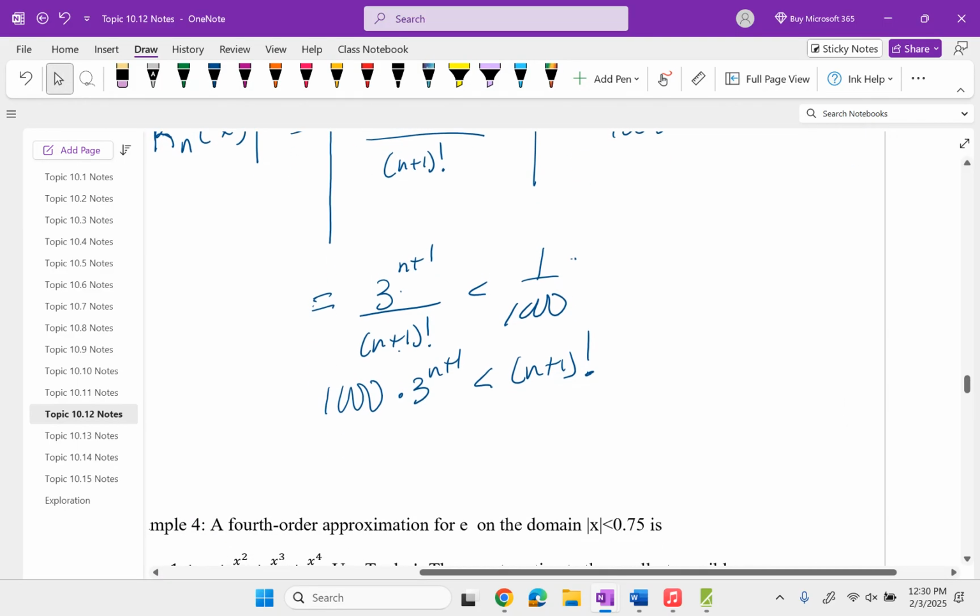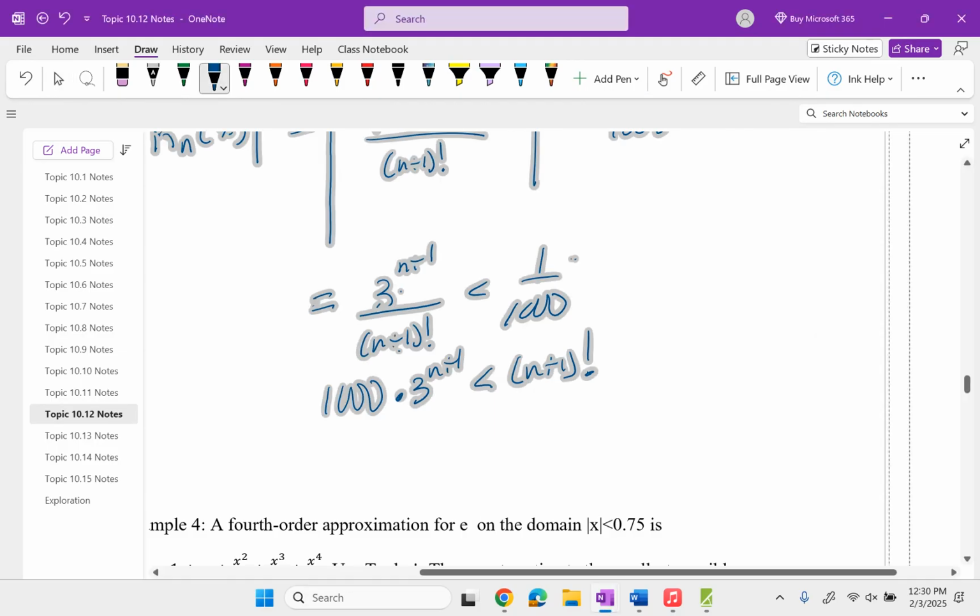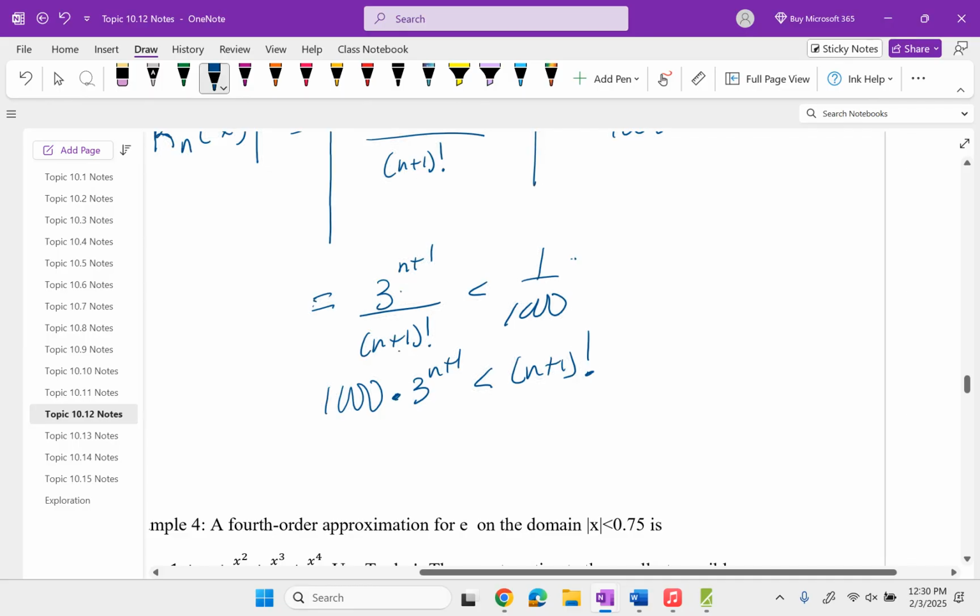Okay, I want to get my n's all on the same side. So how do I get this n to the other side? Right now it's under multiply, so how do I get it to the other side? Divide it. Okay, so I'm going to divide it over. While I'm dividing over, I tend to like my variables on the left side, so watch what I do. I do n plus 1 factorial divided by 3 to the n plus 1.